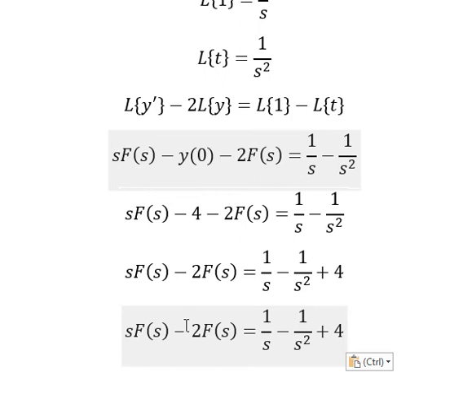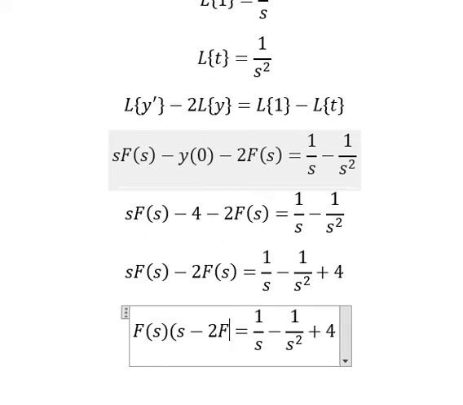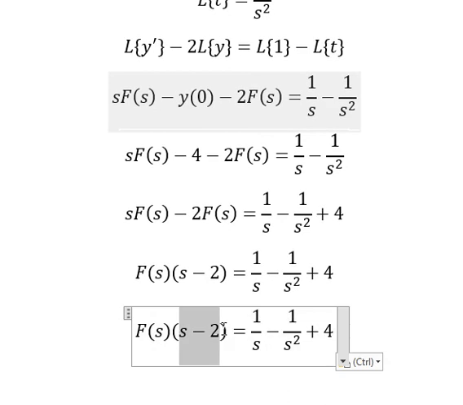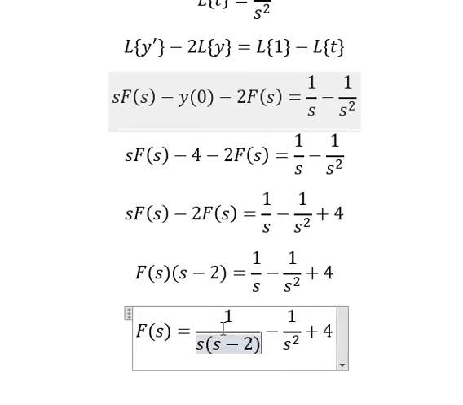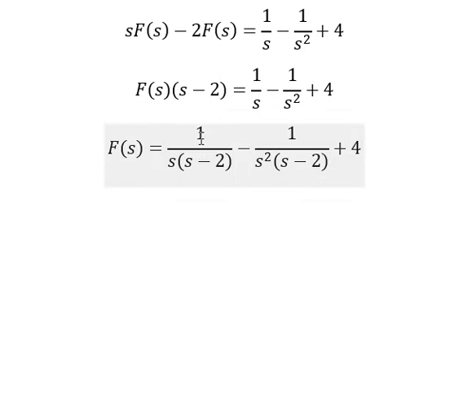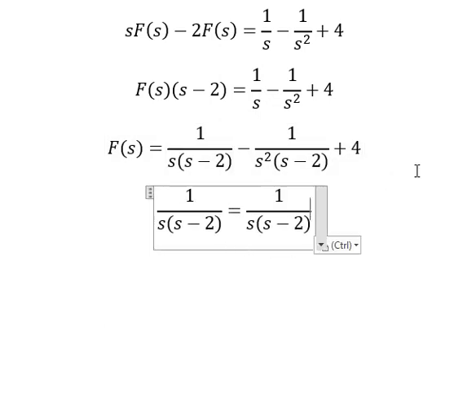F of s we can do factorization. Next, we divide both sides by s minus number 2. Now, we need to consider this one. So I will put negative number 2 in here.